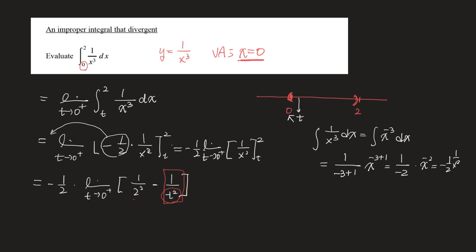So this is 1 over 4 minus infinity, which is negative infinity. Negative times negative gives positive, so this is infinity. So this improper integral does not converge; it diverges. Okay, guys, does everyone make sense?